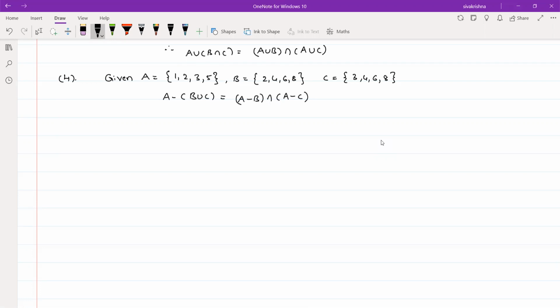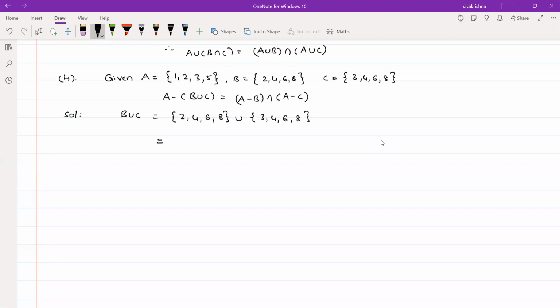Okay. So coming to the LHS, first we have to find B union C. So coming to the solution, first we have to find B union C. This is equal to, first we have to write the set B: 2 comma 4 comma 6 comma 8, union C is nothing but 3 comma 4 comma 6 comma 8.